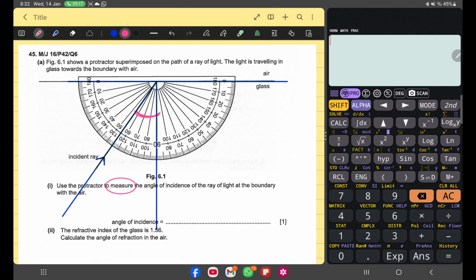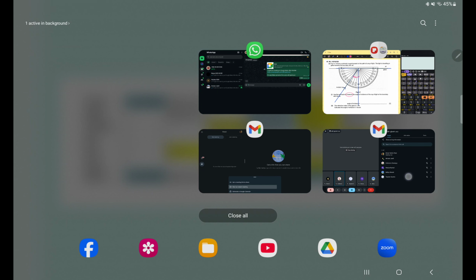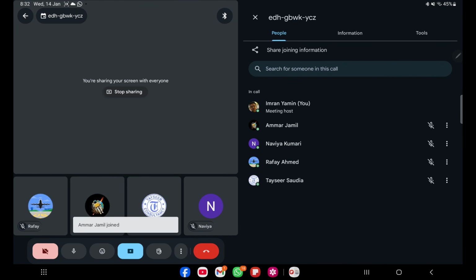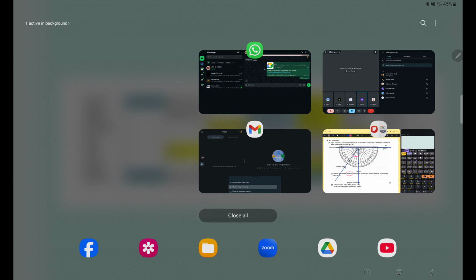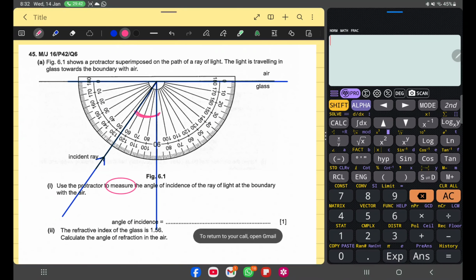Their internet is probably working very badly. Okay Navia, can you read? Okay, it is 35. Amna has rejoined. Amna, can you read the angle?